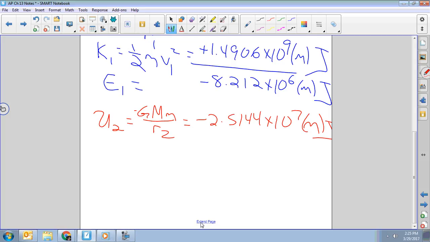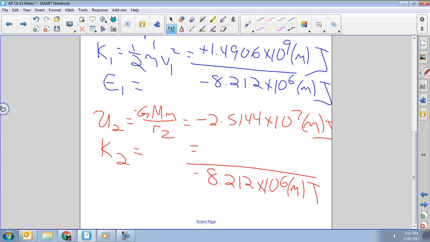Now, how do I use that information to find the kinetic energy? This, plus whatever my kinetic energy at point 2 is, has got to add up to this number again, times m joules. Solid?